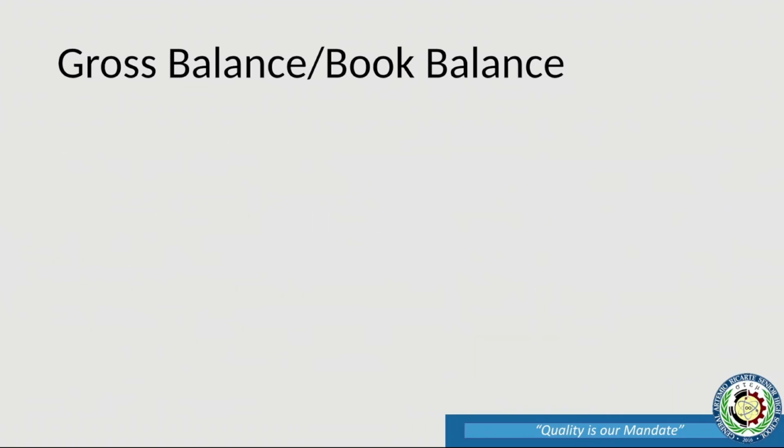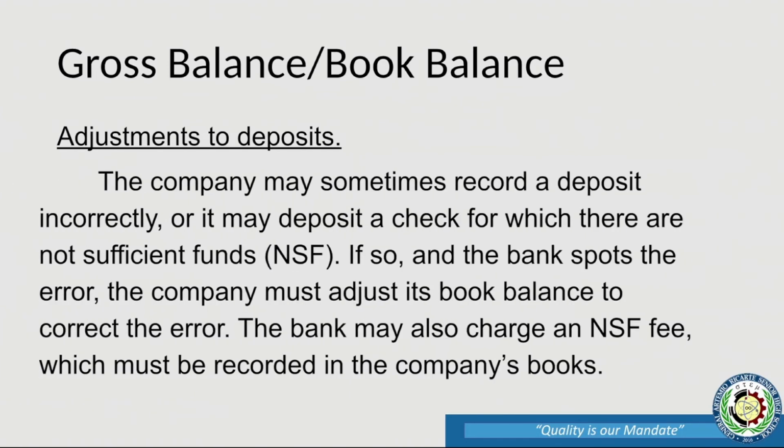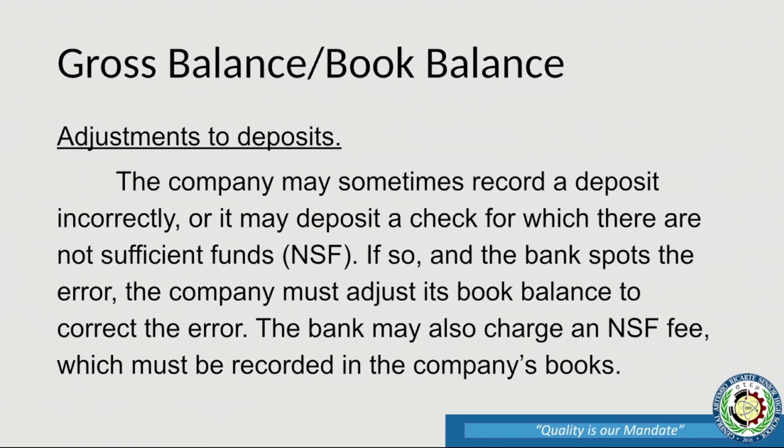Now let's move on to the next, adjustment to deposits. The company may sometimes record the deposit incorrectly, or it may deposit a check for which there are not sufficient funds. If so, and the bank spots an error, the company must adjust its book balance to correct the error. The bank may also charge an NSF fee, which must be recorded in the company's book.